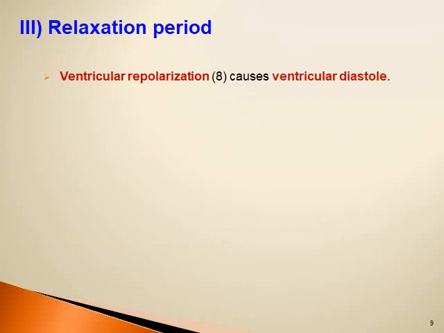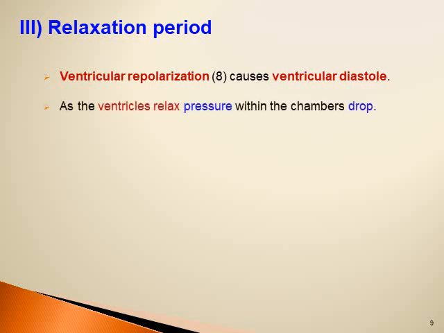The third phase or period of the cardiac cycle is the relaxation period. Ventricular repolarization, that is represented by number 8 in the large figure that we saw previously, causes ventricular diastole. As the ventricles relax, pressure within the chambers drops.